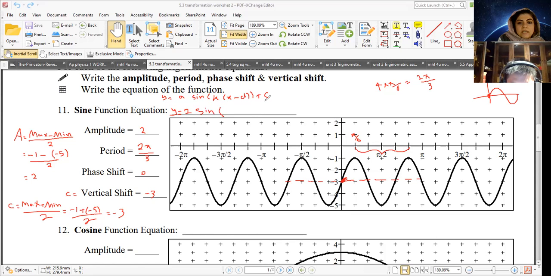To find K, K is equal to 2 pi over period. We got our period to be 2 pi over 3. 2 pi divided by 2 pi over 3, so the answer is 3. So K is 3. There is no D, so I don't write anything, plus C. So it's -3 down, right? It's phase shift.